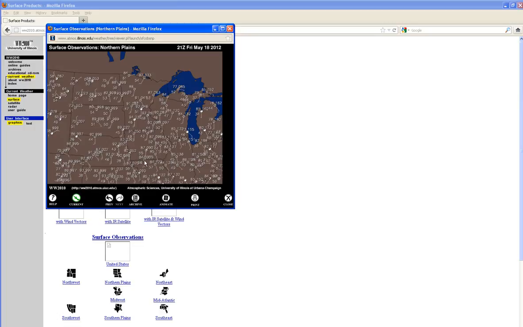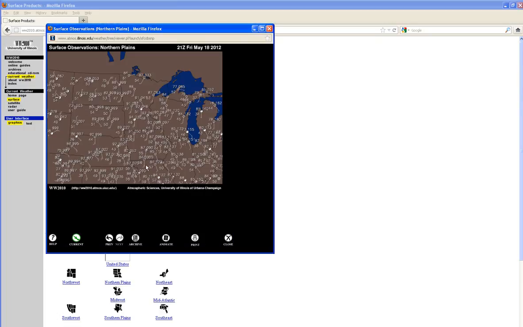By the way, the station model is one of the first assignments, so you should be able to understand how to read these now. But across Iowa, it looks like we've got 15 knot winds in southern Iowa, 15 knots in Des Moines, 20 up in northeast Iowa, 25. So we've got winds 15 to 25 knots out of the south. I would say these are basically southerly winds.